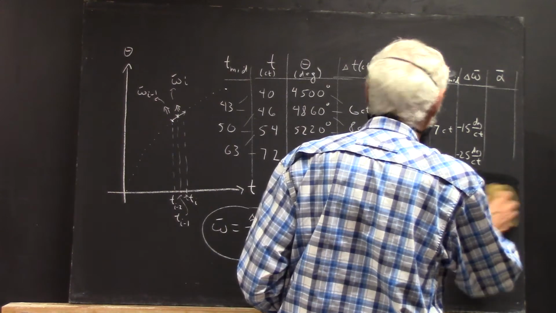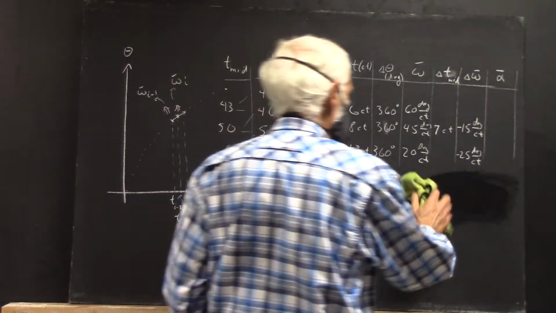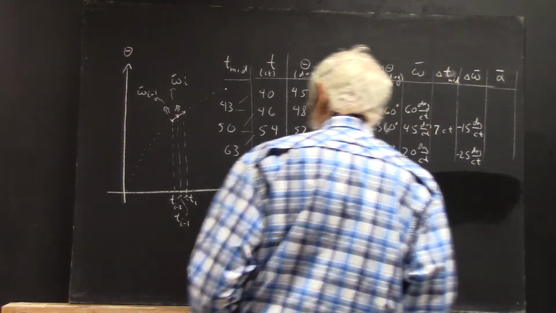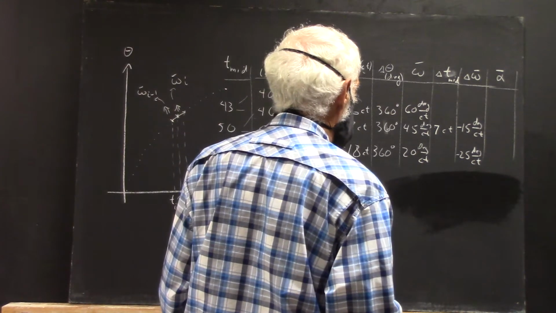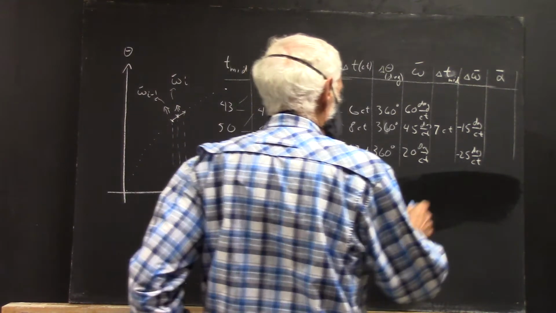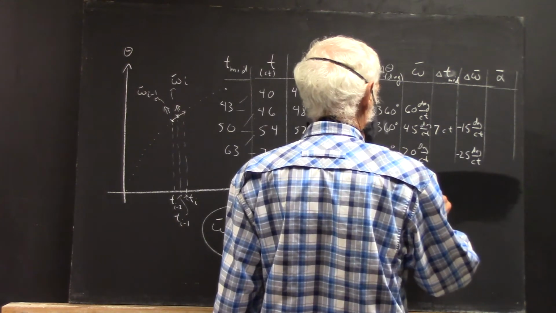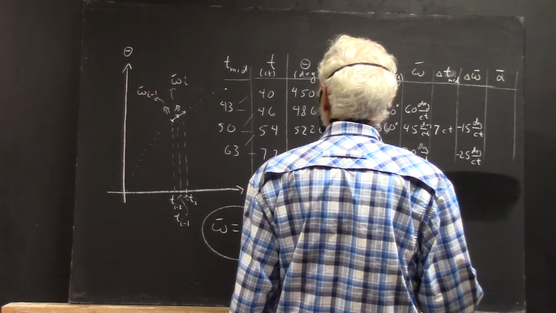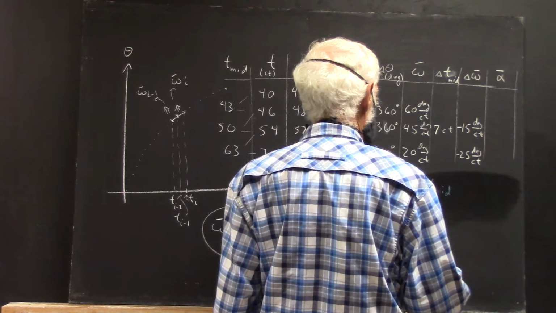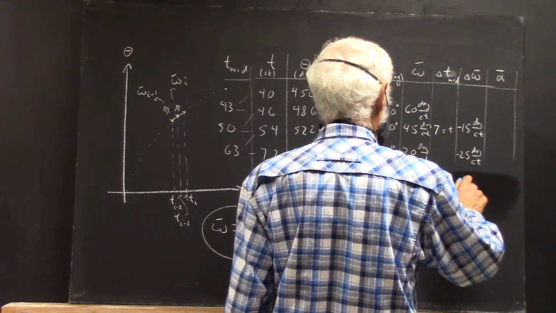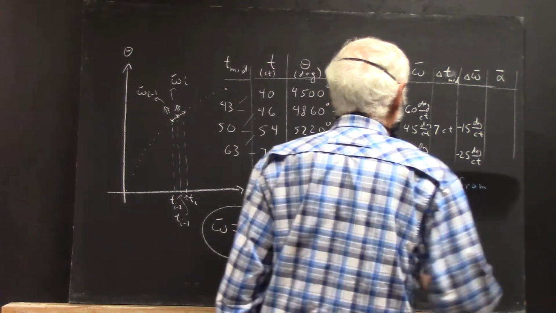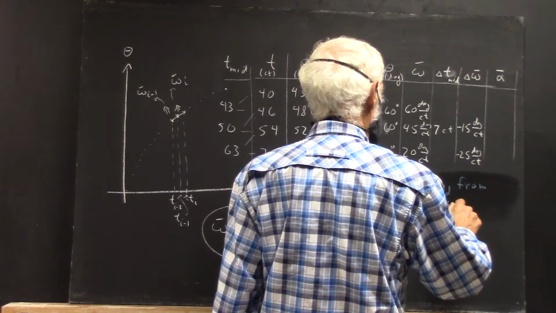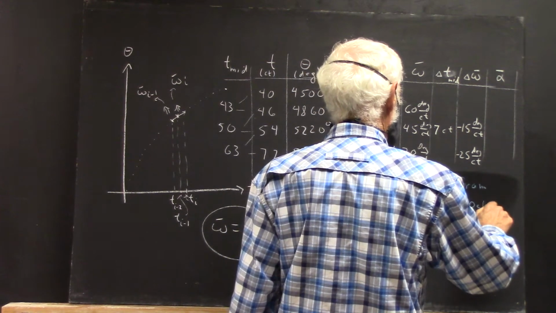I'm actually capable of doing that. Calculating delta t mid. Delta t mid is from 43 counts to 50 counts.